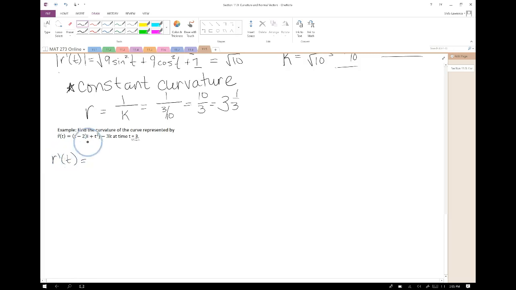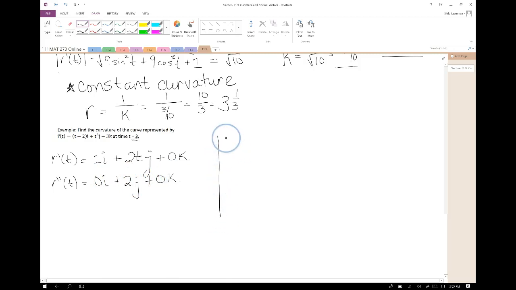So r prime of t, the derivative of t minus 2 is just 1i. Derivative of t squared is 2t for the j. And our k component is -3, whose derivative is 0. For our double prime, we have 0i plus 2j, and then again 0k.